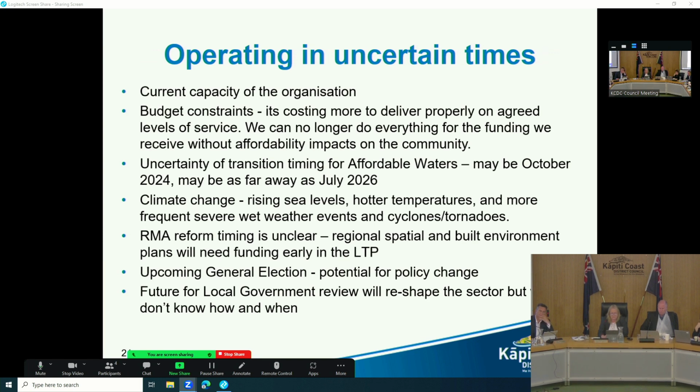We also have the upcoming general election, Three Waters, and policy change, most potentially around roading. The Future for Local Government review is going to reshape our sector, but we don't know how and when. The current advice I'm getting from Taituarā is that it's not relevant to this LTP at this stage. There's not enough known about where it may or may not go.